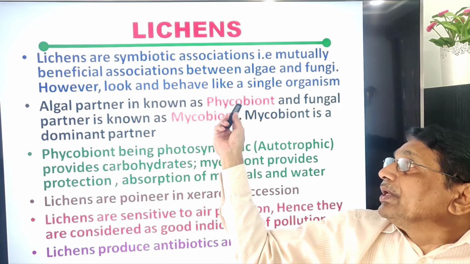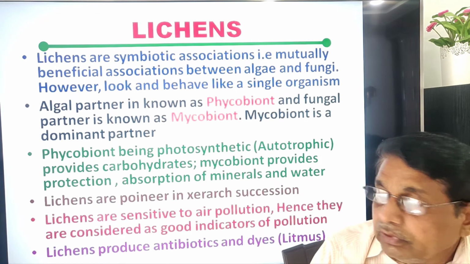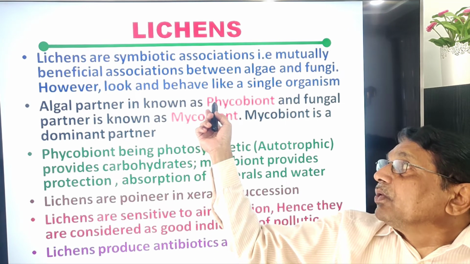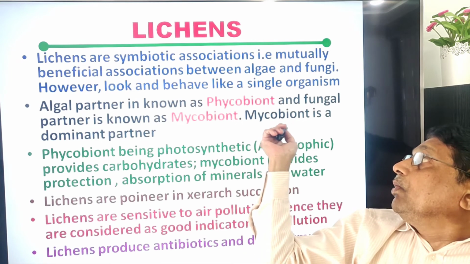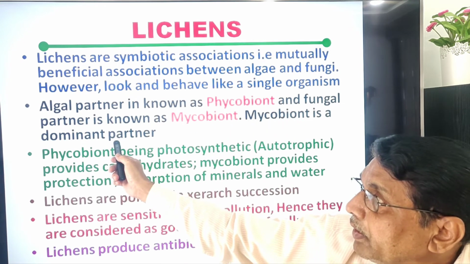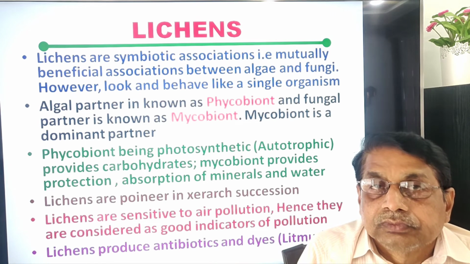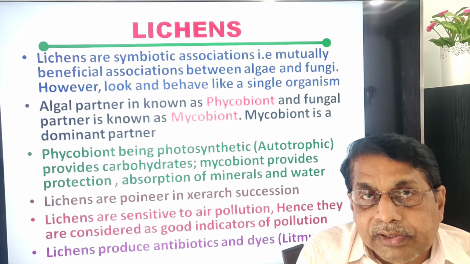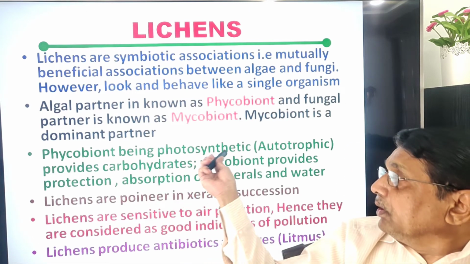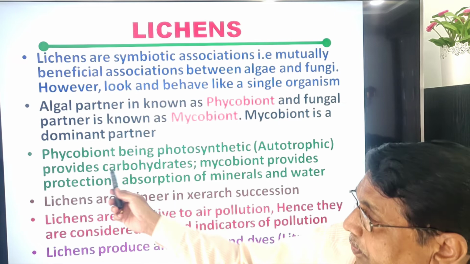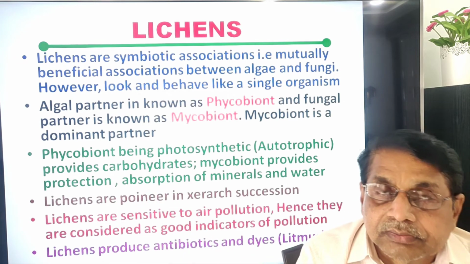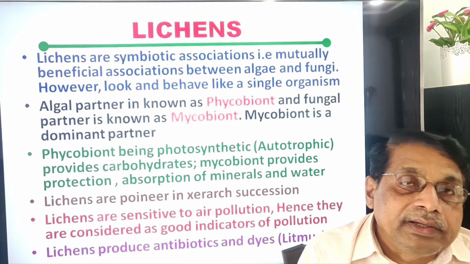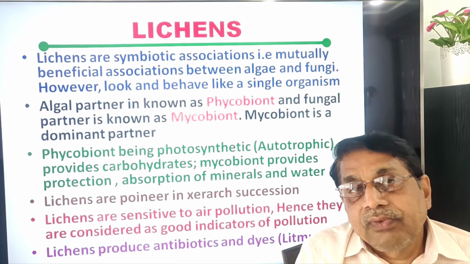The algal partner is known as phycobiont. The fungal partner is called mycobiont. Myco is fungus, phyco is alga. Mycobiont is the dominant partner. It protects the entire organism. Phycobiont, being photosynthetic and autotrophic, bearing the chlorophyll, provides the carbohydrates and supplies the nutrients to the fungus.